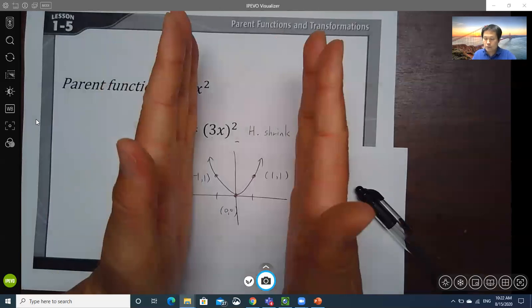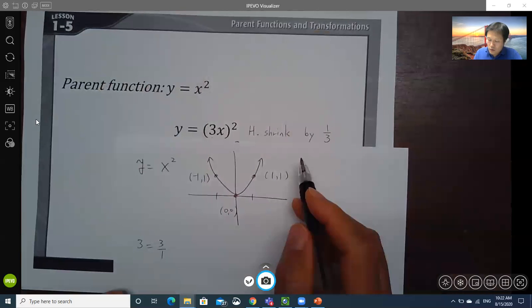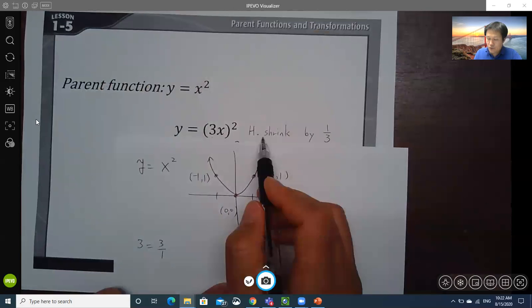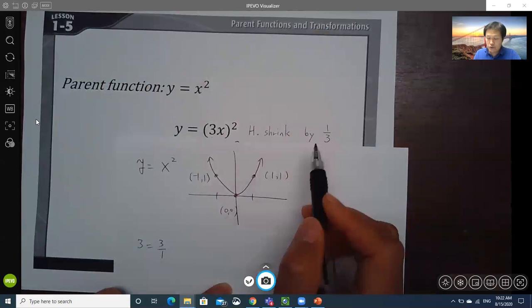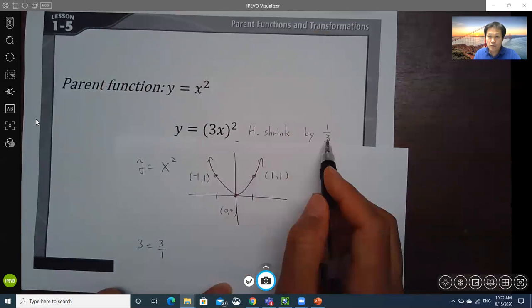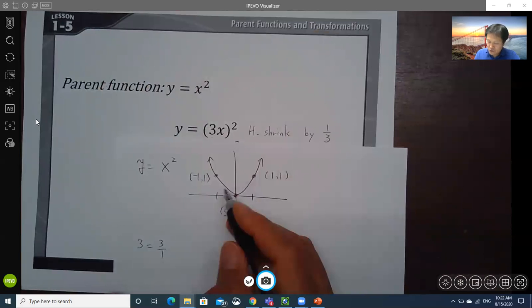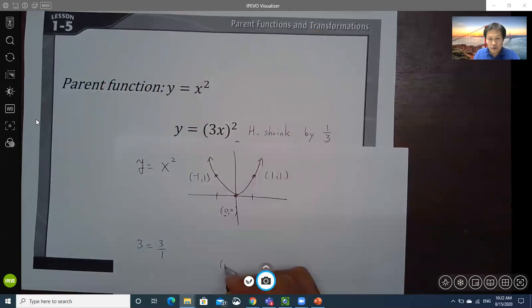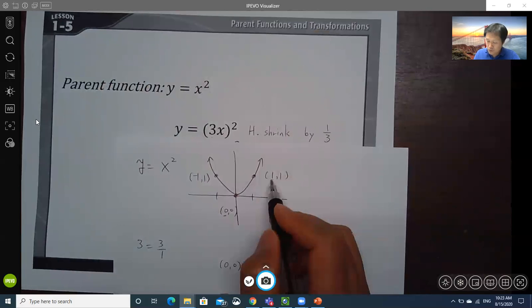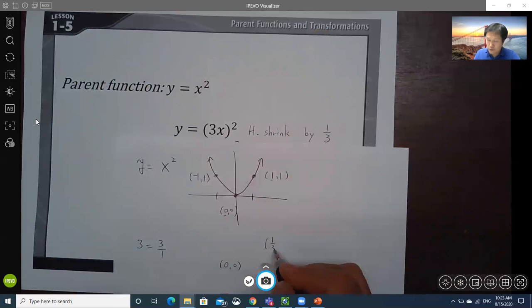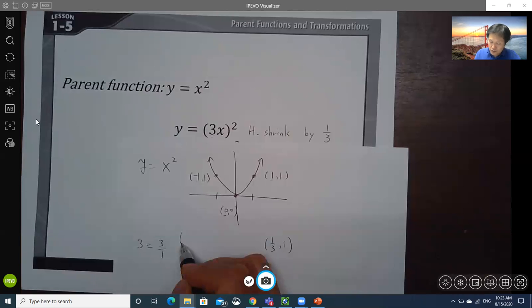All x values you multiply by 1/3. So at 0, 0, the x value doesn't change. The x value here is 1, you multiply by 1/3, so you get 1/3, 1. The x value here is minus 1, you get minus 1/3, 1. The y value doesn't change. Okay?